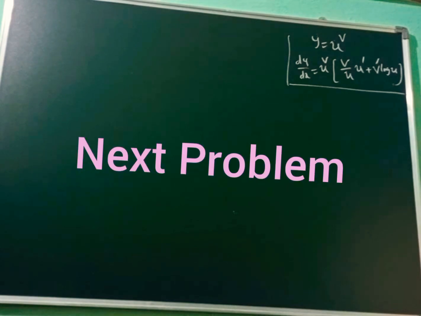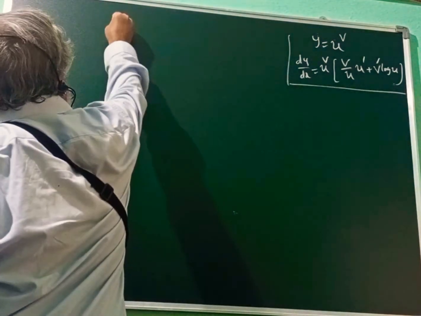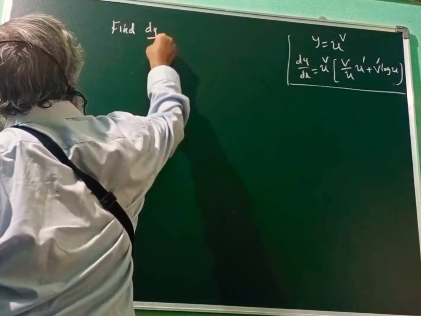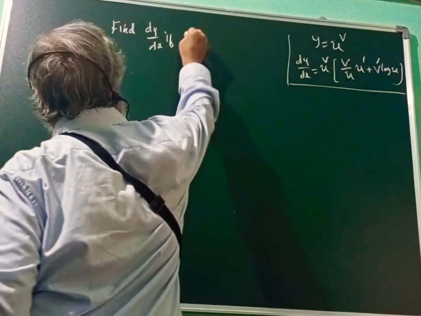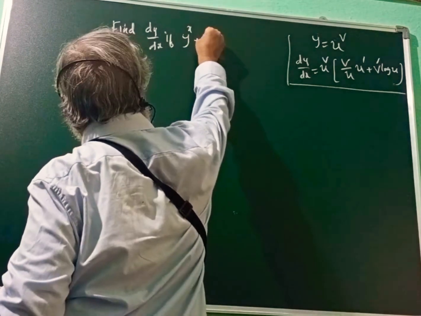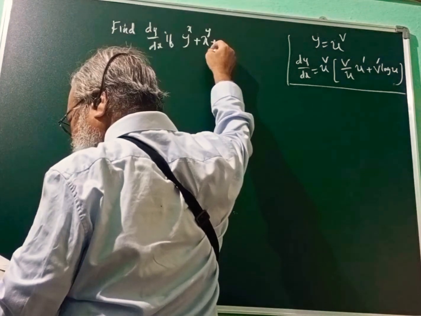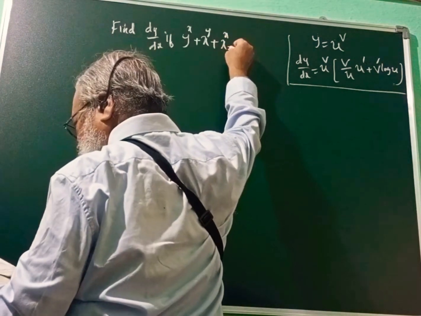Find dy by dx if y raised to x plus x raised to y plus x raised to x is equal to a raised to b.